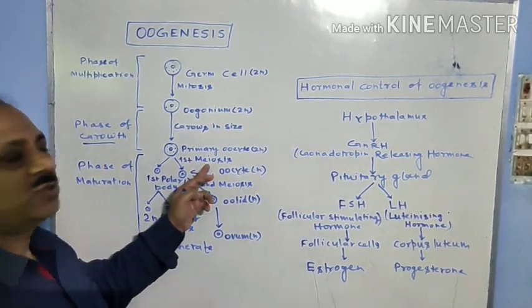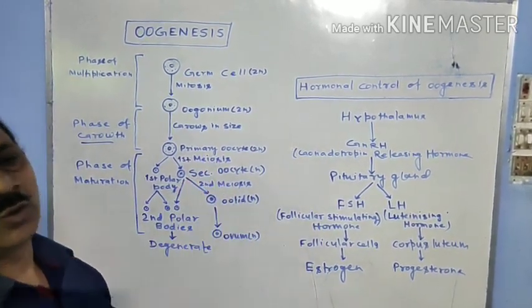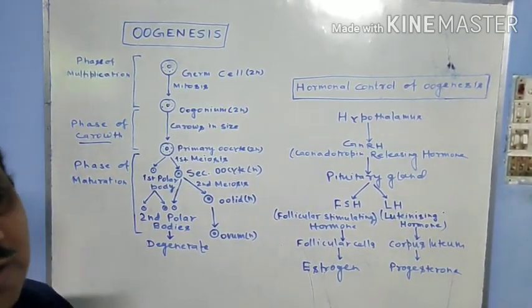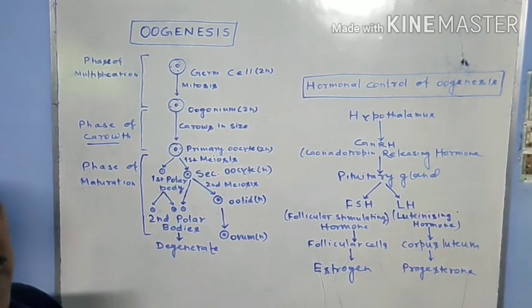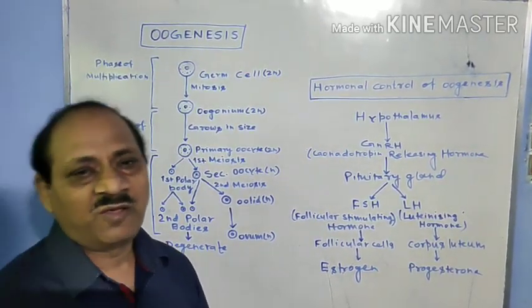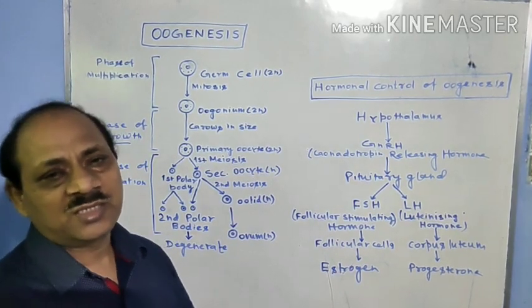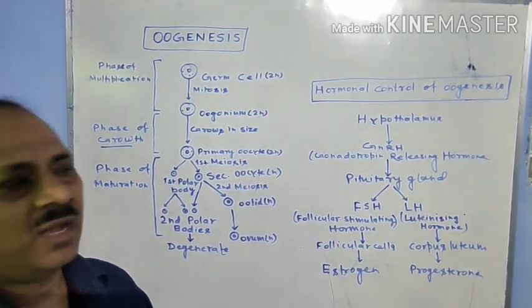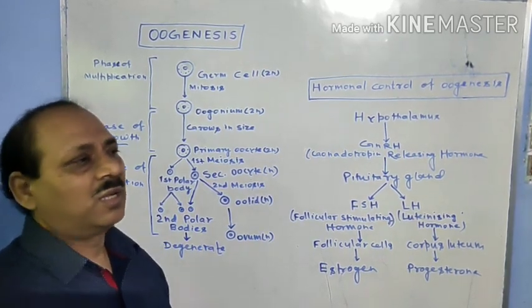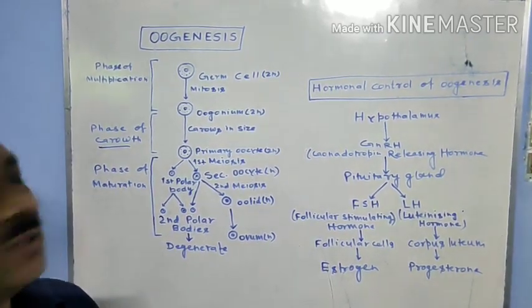Now the primary oocyte undergoes maturation division. Maturation division consists of two divisions, first meiotic division and second meiotic division. First meiotic division is known as reductional division and second meiotic division is known as equational division.